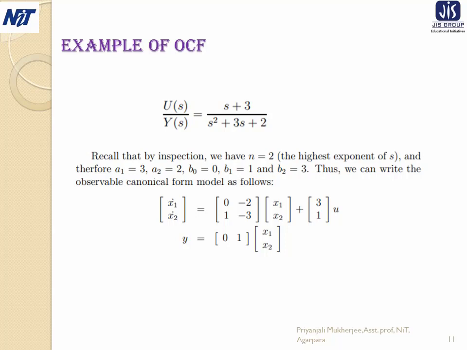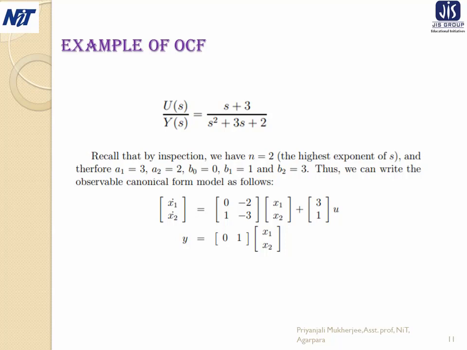So now we will write the observable canonical form. Now n becomes 2, so there are two state variables, and the first derivatives of the state variables x1 dot and x2 dot are equal to 0 1 in the first row. Then in the observable canonical form it will be minus an.